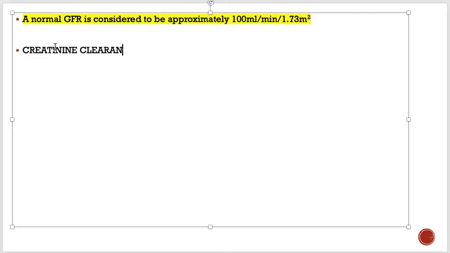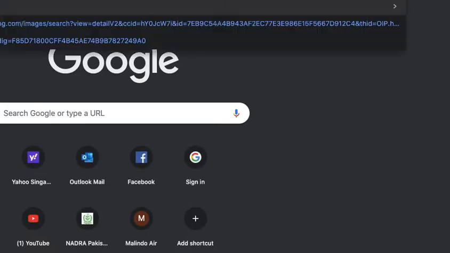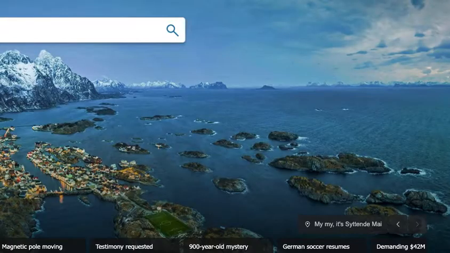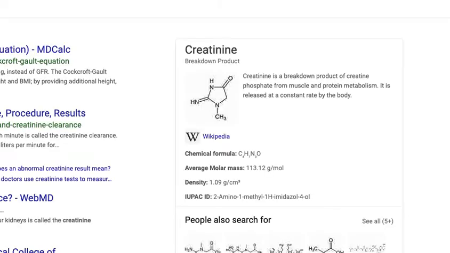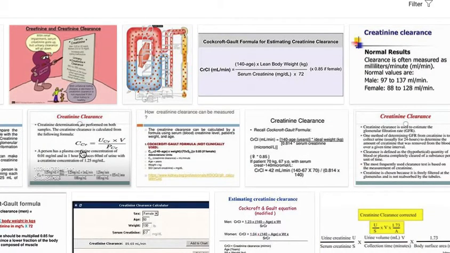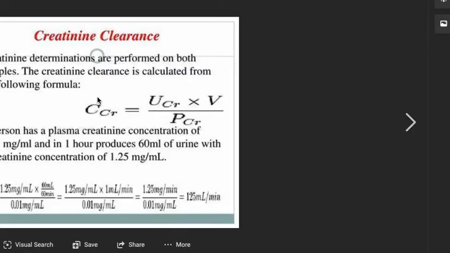Again, there will be a mathematical formula. I have to open Bing again and again, because you don't have to remember these things. There are online calculators as well, but I will show you a figure like this one. So this is one of the formulas.